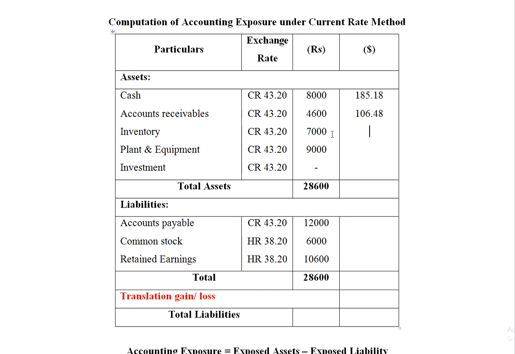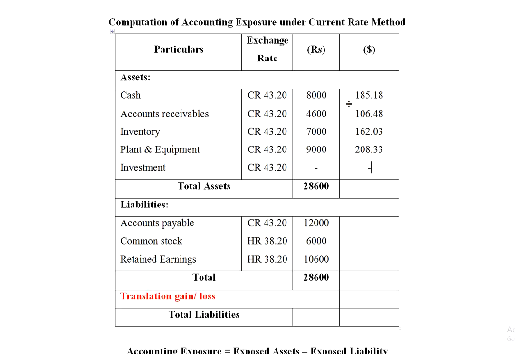So similarly you have to divide all the items, all these rupees into this current rate method and write the values. So I have the answers, I'm going to write it down to save the time. And 9000 divided by 43.20 is 208.33, and you don't have amount over here, so just give a blank.